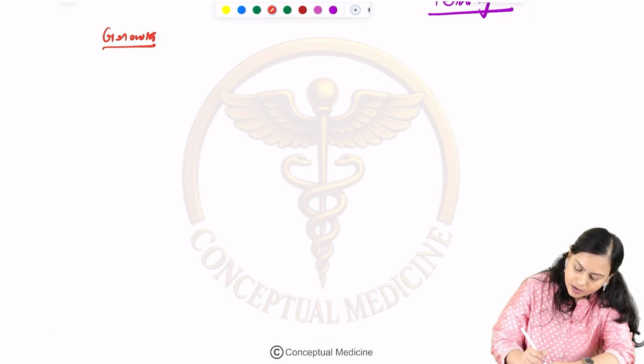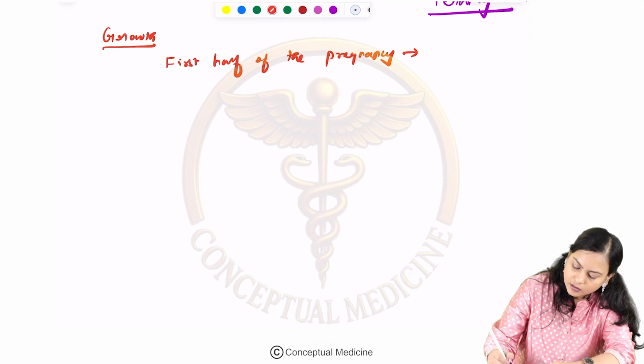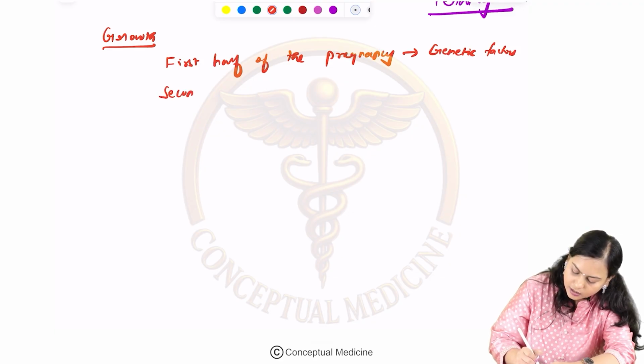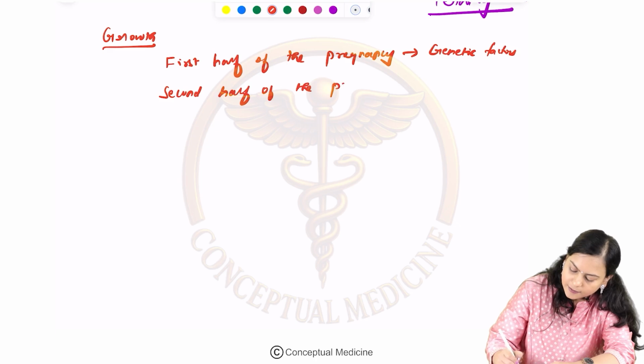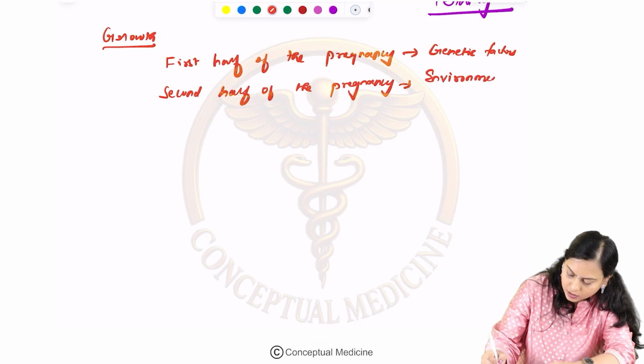It is basically determined in the first half of the pregnancy by genetic factors and in the second half of the pregnancy by environmental factors.